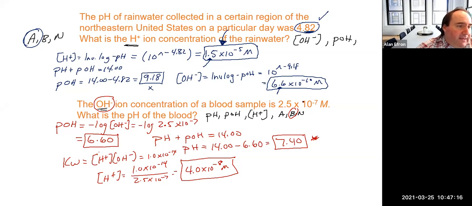If it's not 7, then it's either slightly acidic or slightly basic. It's not very basic or very acidic in that 7-ish range, but to make it clear, it needs to be a pH of 7 to be neutral. Otherwise, it's slightly one way or the other. Questions on that?